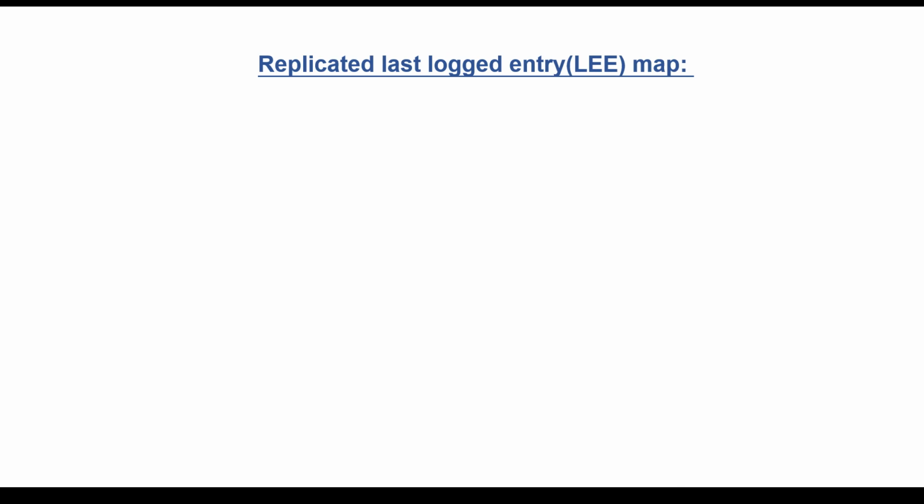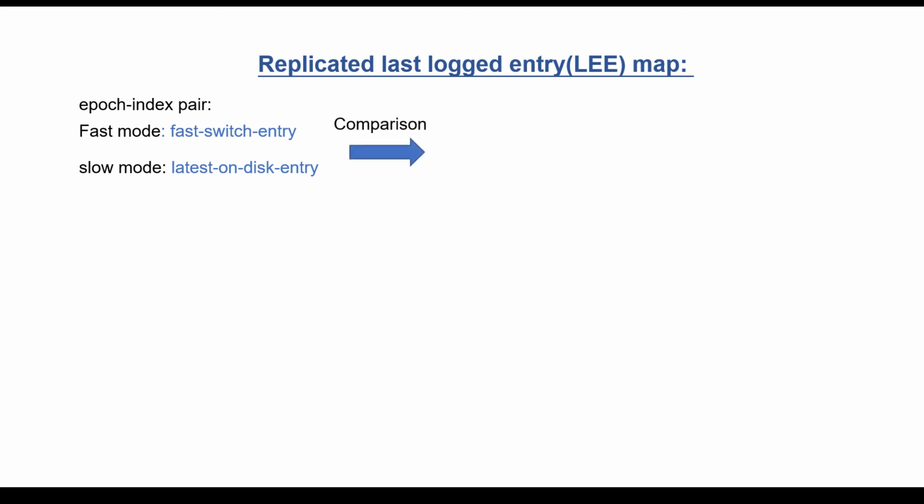To achieve this approach, they use 2 different index pairs, which are called the fast switch entry and the latest on disk entry. The fast switch entry is created in fast mode, and the latest on disk entry is created in slow mode. We can compare them and see which one is the latest logged entry, and the nodes will see which mode they were in before the crash.